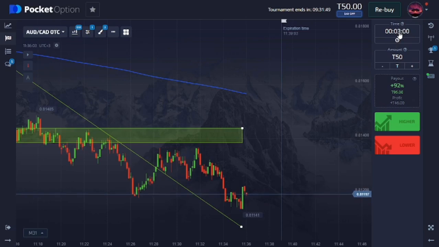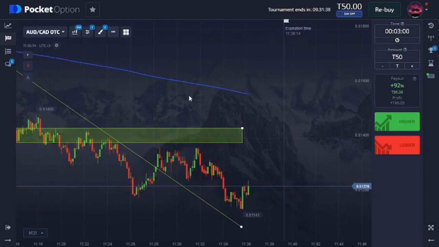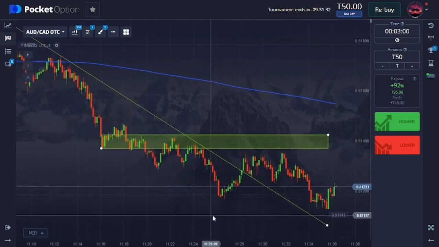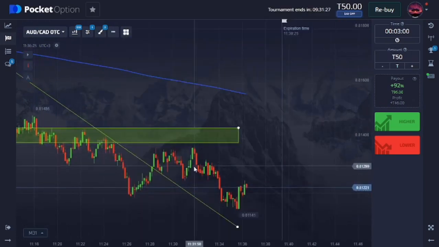So yeah, it happens. If you are thinking that you will be trading and you will not lose a single trade, then you are completely wrong. You will lose. That is why risk management comes into play. You have to manage your risks.